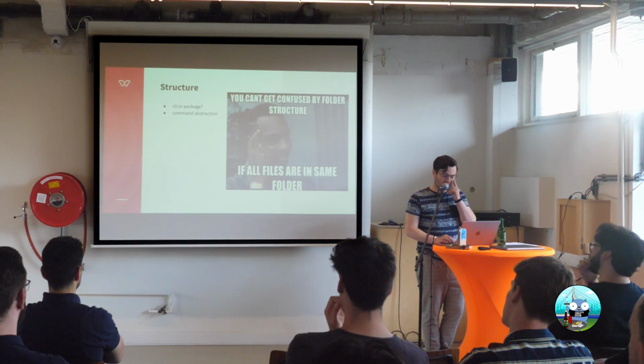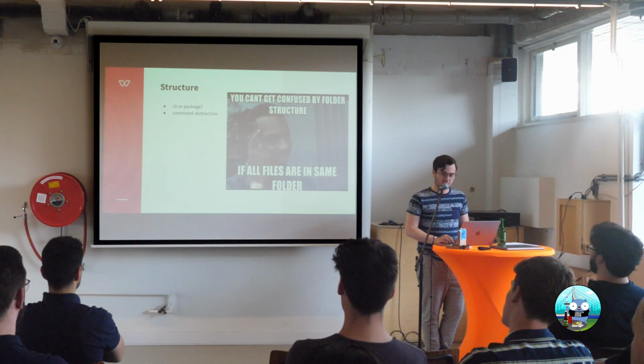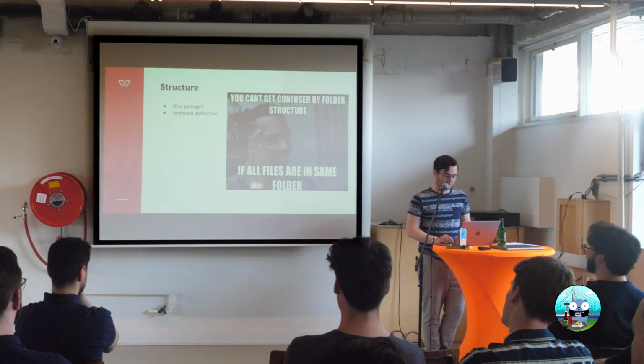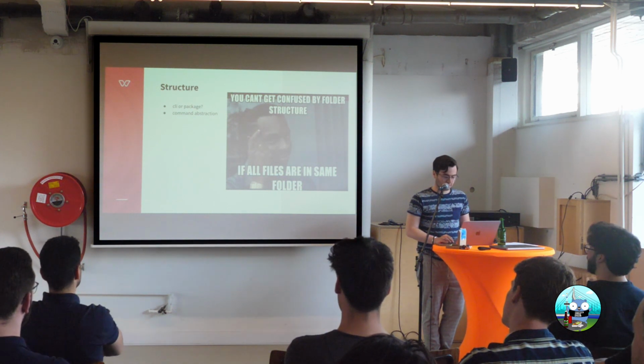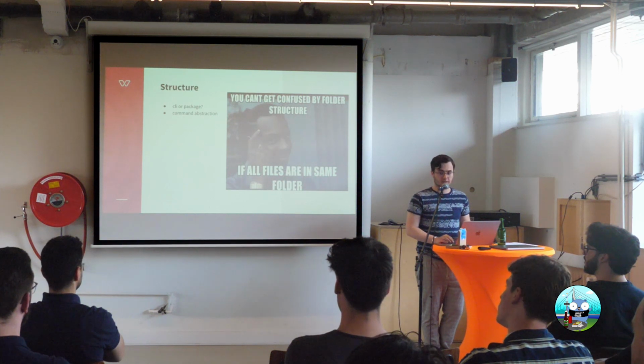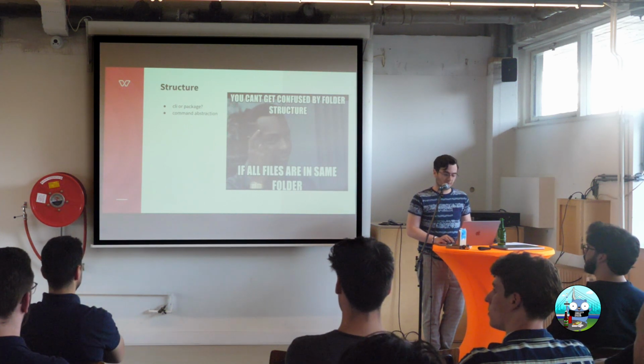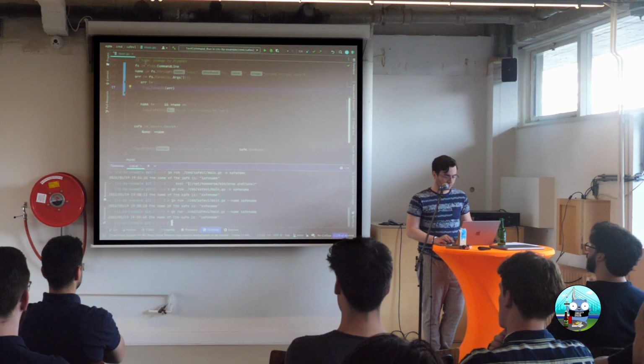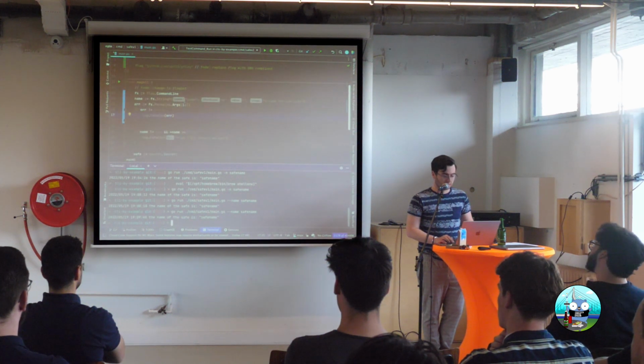So the next thing I'd like to talk about is the structure of our CLI. I think there are two things to take in consideration for the structure of your CLI. And those are: are you creating a CLI, or are you creating something else with the CLI? So it might be a package which is also accessible through CLI, but it could also just be your project. So currently our example would only be a CLI.